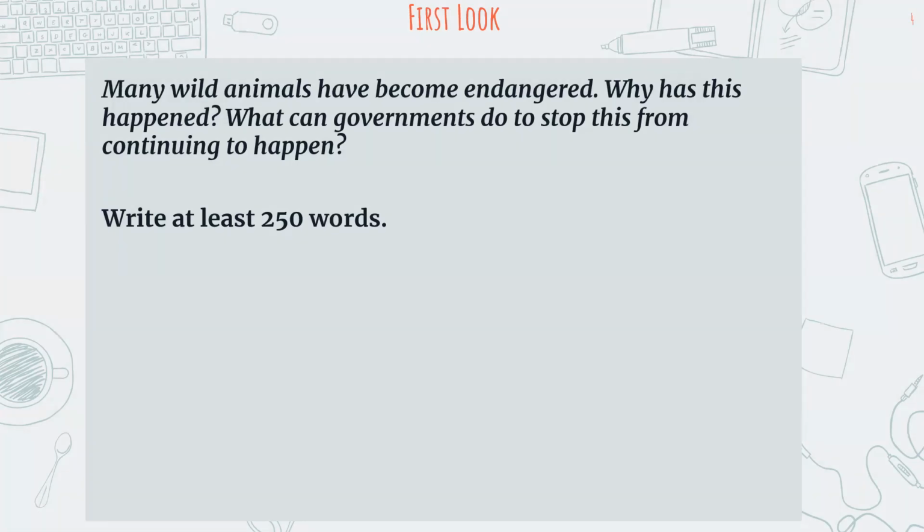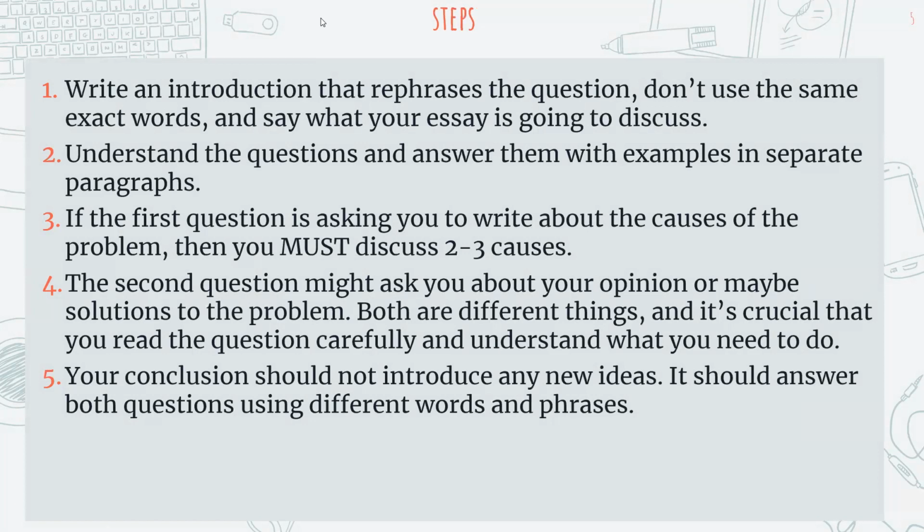Now, let's look at some steps that you need to understand before we start writing or talking about the example itself. Write an introduction that rephrases the question. Don't use the same exact words. We've been talking about this since we started talking about task 2, actually, or even task 1. Don't use the same exact words as in the question.